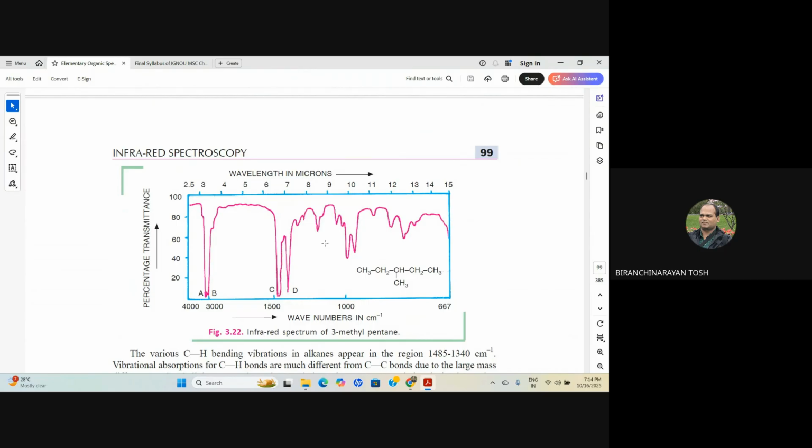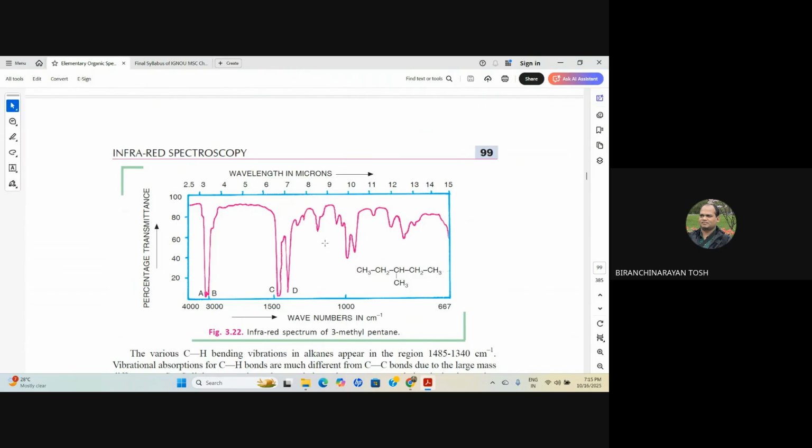The vibrational absorption of CH bonds is much different from the C-C bond due to the large mass difference. The reduced mass of the CH bond and the reduced mass of the carbon-carbon bond differ a little, so the absorbance will differ a little bit.